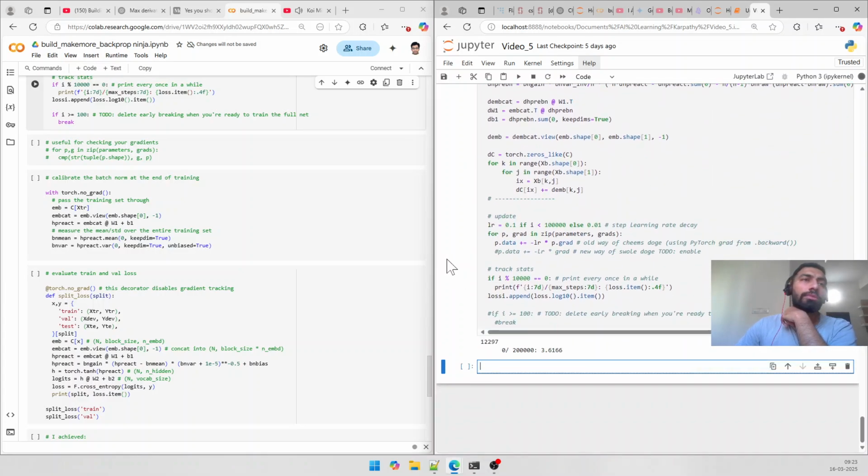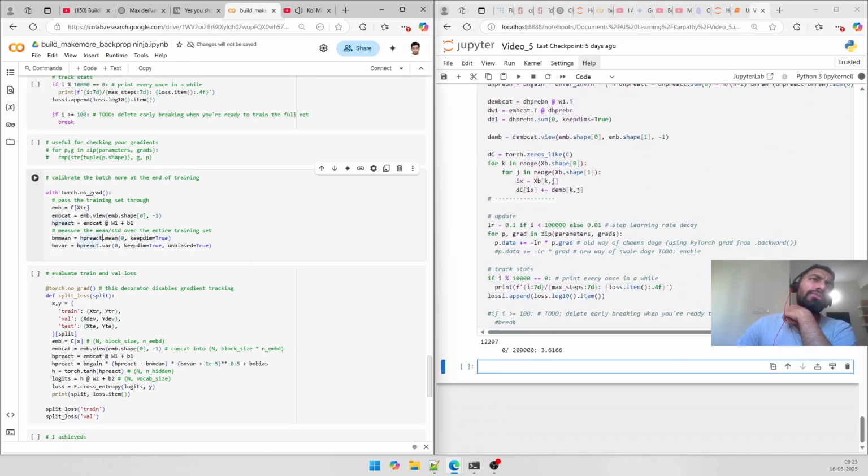It will take some time to train. I'm not sure from where this part of code is coming. Why again they are getting calculated?